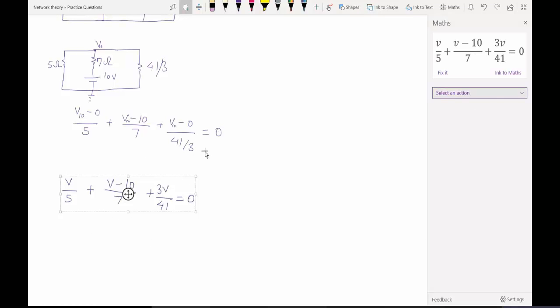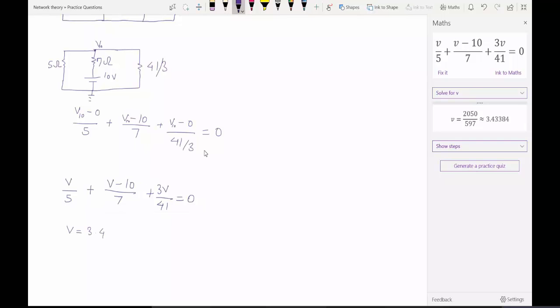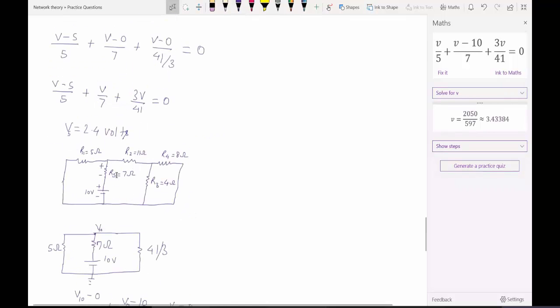Correct. So solve for V. It is 3.43. Okay. So value of V is equals to 3.43 volts. Correct. So V due to 10, this is V10 actually. V10 is equals to 3.43 volts, and that V is due to 5 volts is 2.4 volts.